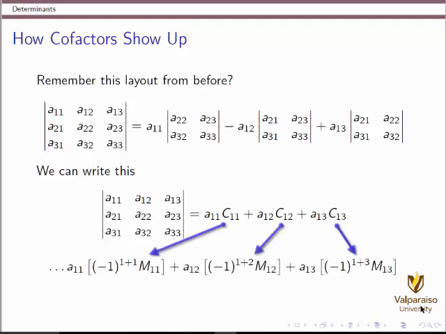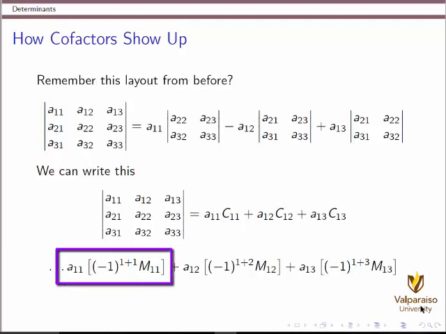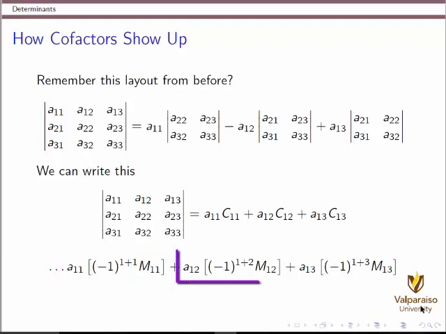Okay, and each cofactor, again, is just the 2 by 2 minor determinant with a negative 1 in front. The power on that negative 1 is the sum of the row and column. So entry a11 is in row 1, column 1. So its cofactor is negative 1 to the 1 plus 1 times the corresponding minor determinant we get when we erase the row and column. Entry a12 is in row 1, column 2.